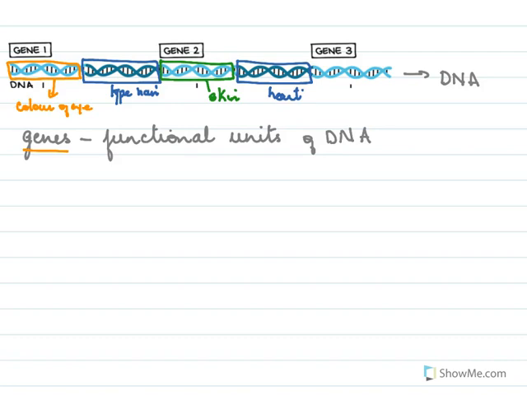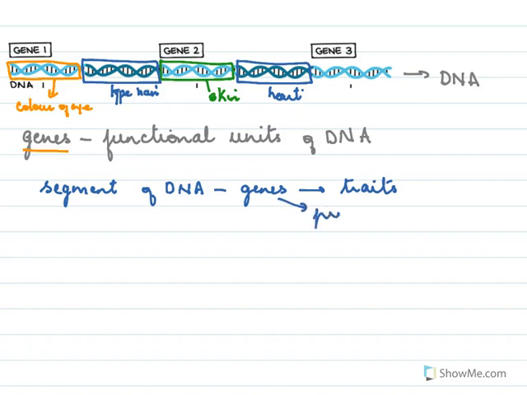So in this way we have many genes, and each of these segments of DNA are genes, and they control our traits, our characteristics, because they control the making of proteins, and hence they control our traits like tallness or shortness.